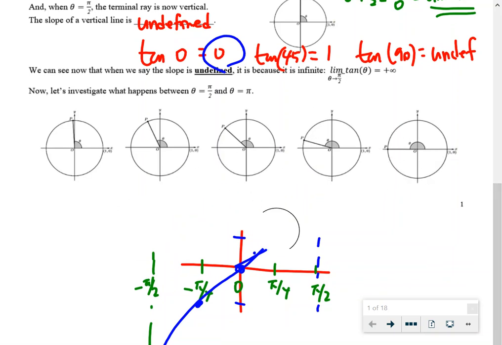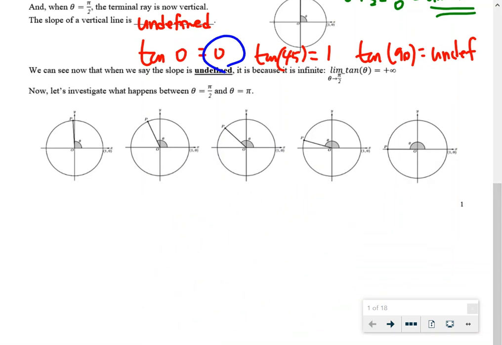Let me look at the bottom part of page 1. When you get undefined, you can put this in limit notation. You are going to see the function tangent theta. Limit notation means we are approaching. Theta, the input, is approaching pi over 2.